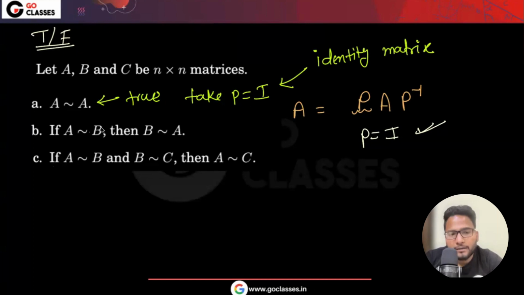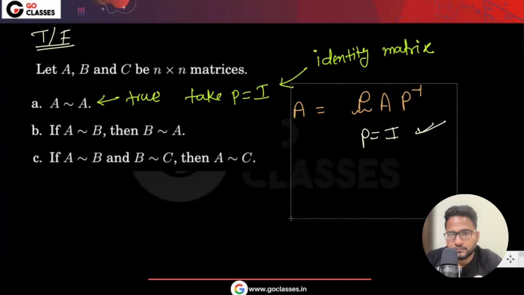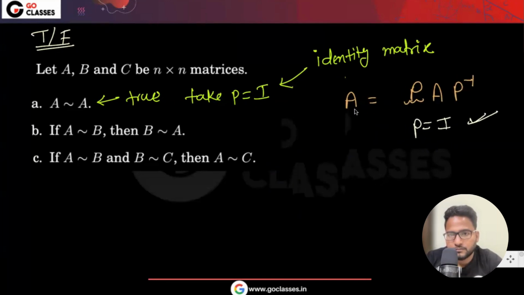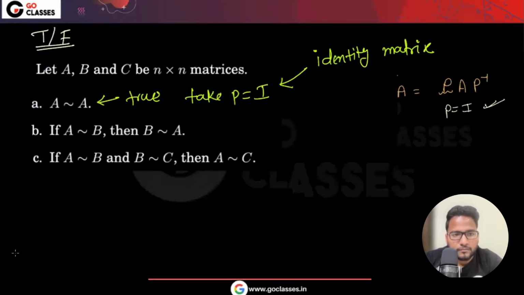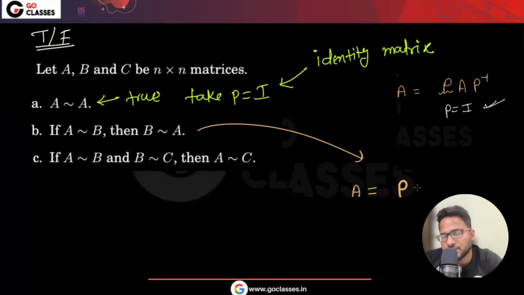Okay. Now tell me, if A is similar to B, can I say B is also similar to A? What do you think? When we say A is similar to B, it means A equals some matrix, B, and the same matrix inverse, right? Can I write B also in a similar fashion?